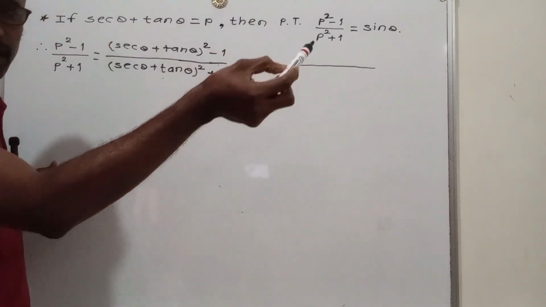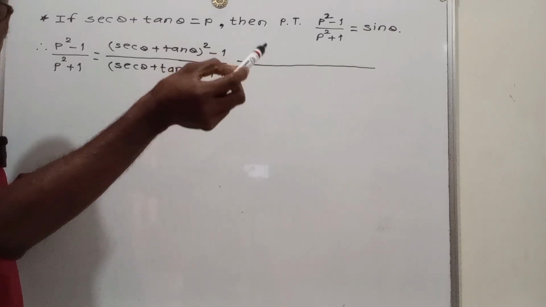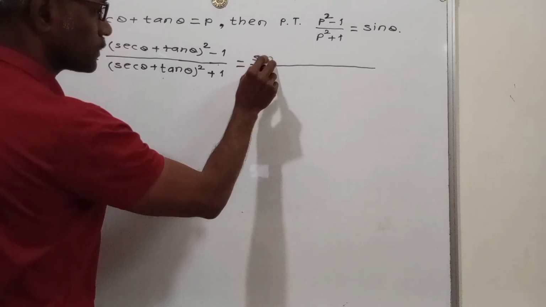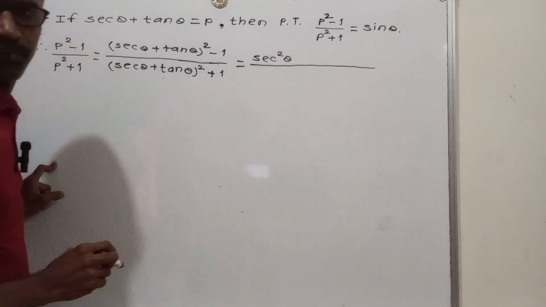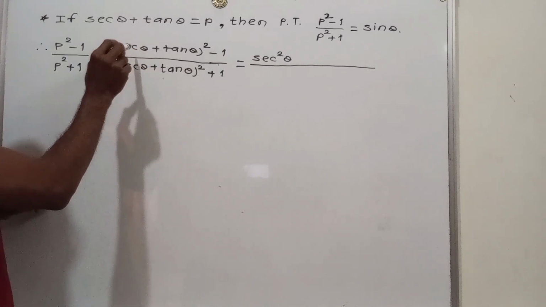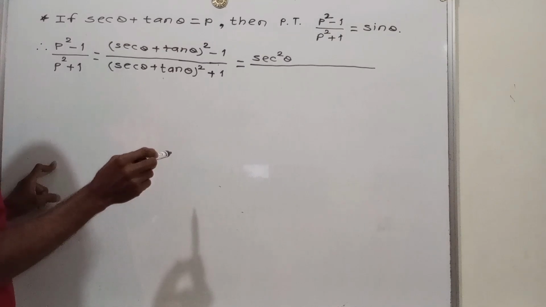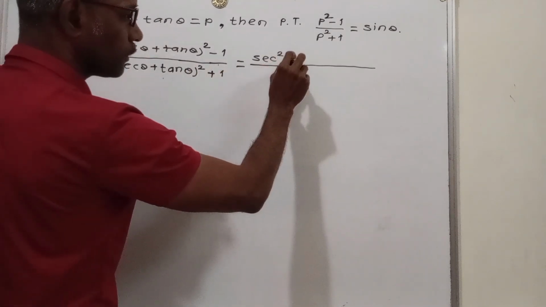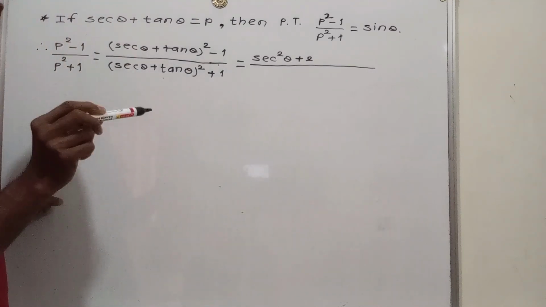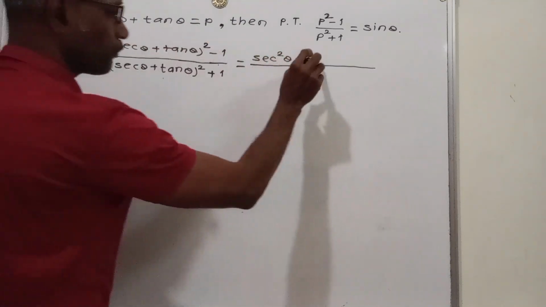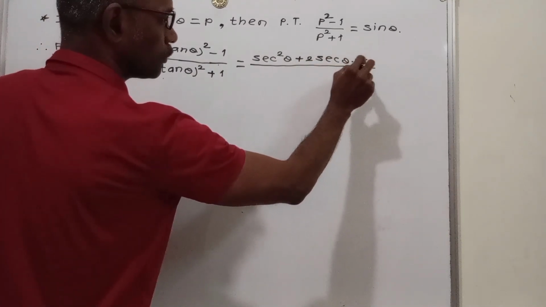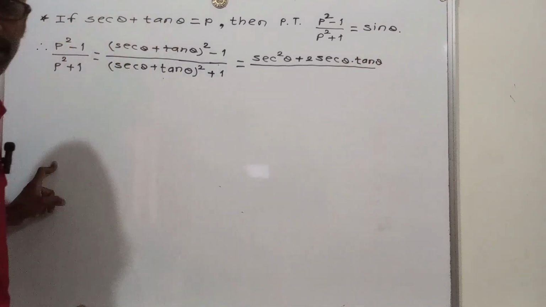Now a plus b bracket square means a square, so we write here sec square theta. Then 2ab, so we write 2 sec theta into tan theta.